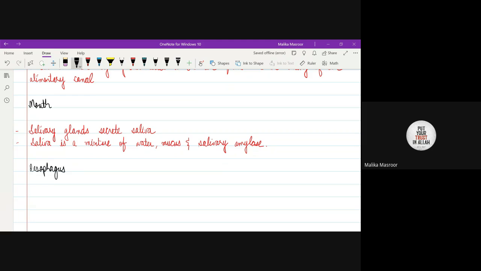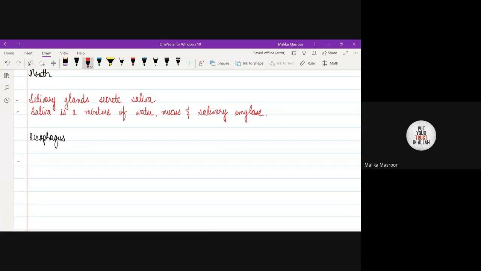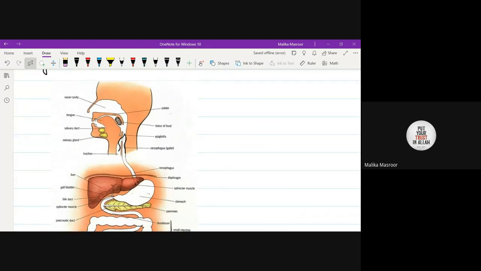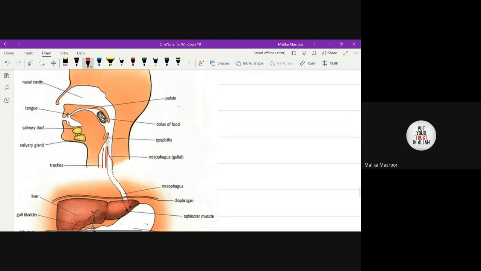Okay. Esophagus is a tube behind the trachea. If you can see the diagram, this is your trachea, and this is your esophagus. This is your epiglottis.